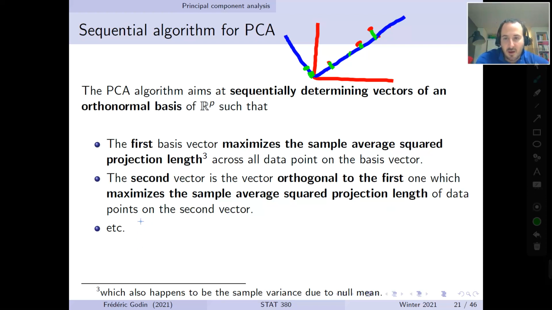So the third vector would be, again, orthogonal to the first and the second one, and then it would maximize the sample average of squared projection length of data points on that new vector. Fourth step, same thing.